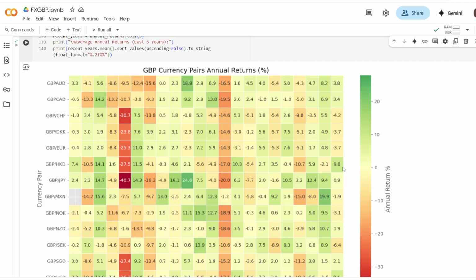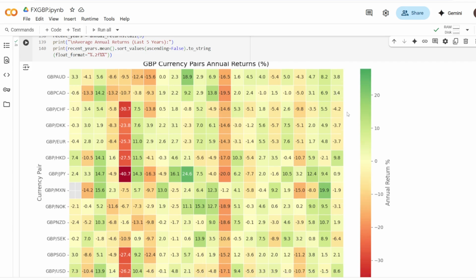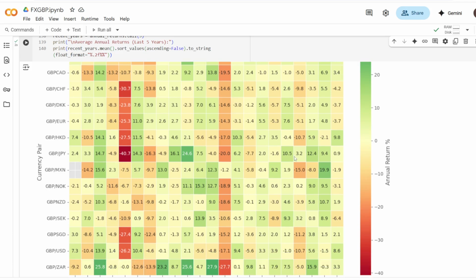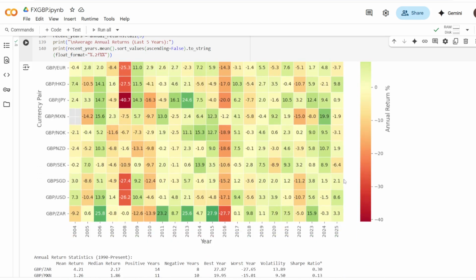And also the pound is positive 3.8% on the Aussie dollar, and the loonie, the Canadian dollar, 3.4%. And we can see here, for example, that's very interesting. And if you are doing FX trading, this may be interesting for you.